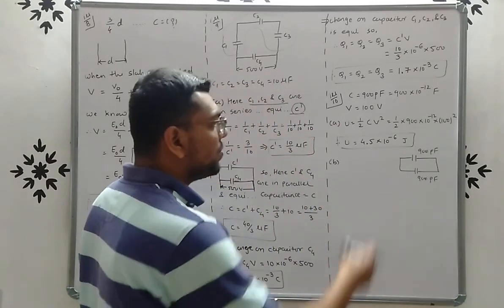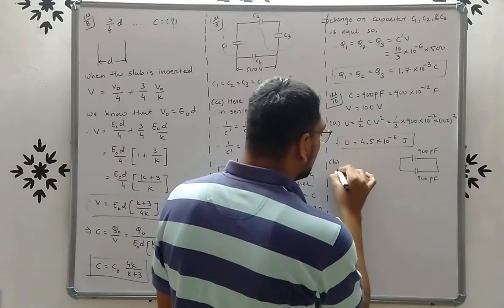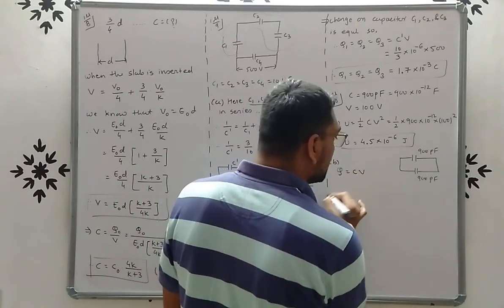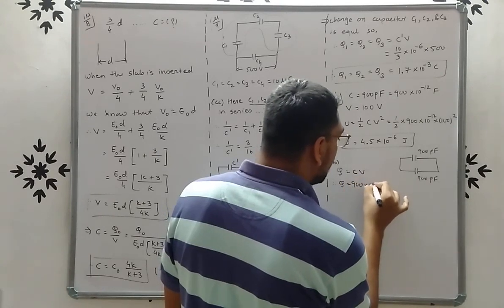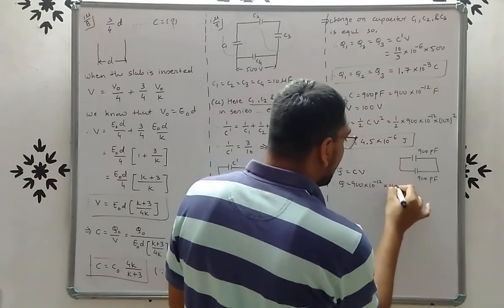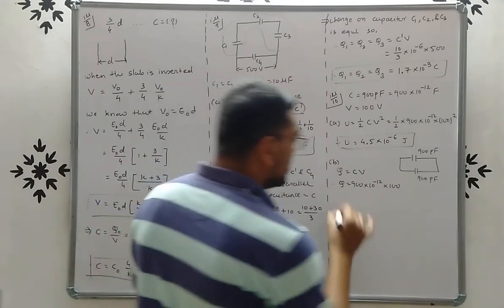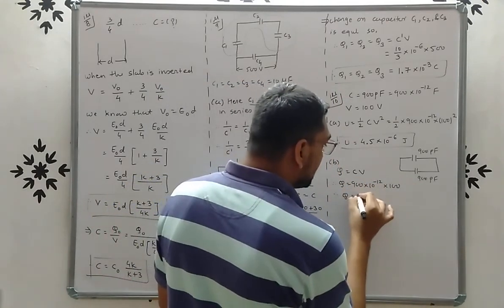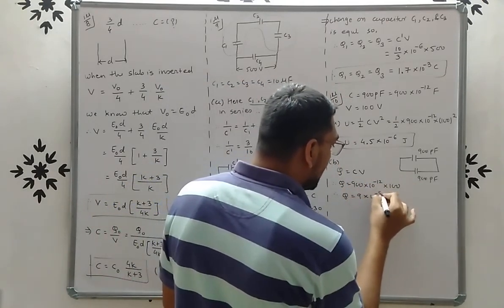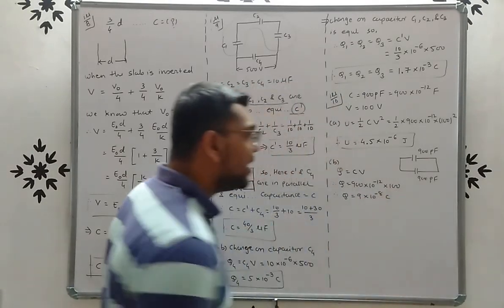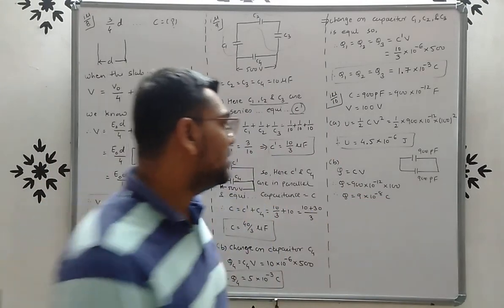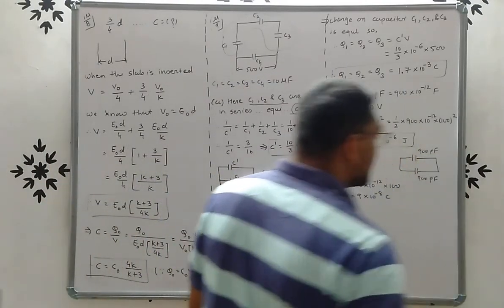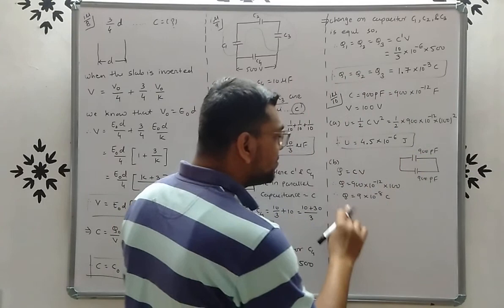So first of all we have to find out charge Q. We know that Q is equal to CV. So Q is equal to C, 900 into 10 raised to minus 12, value of V 100. So here we get charge Q is equal to 9 into 10 raised to minus 8 coulomb, right?